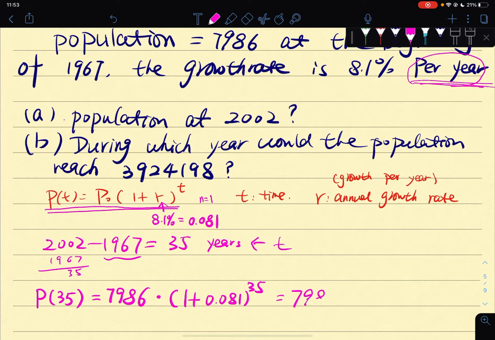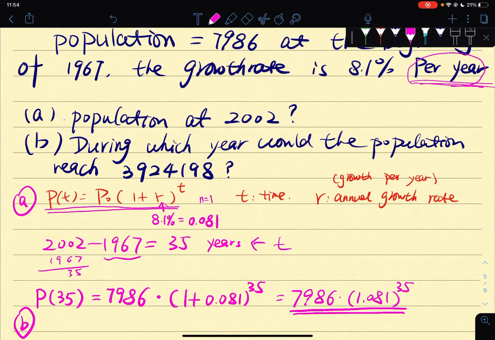Of course, you could take out a calculator, or you can simply say this is conceptually what I'm supposed to input as the estimated population in the year 2002. Then let's move on to the second part of the question.